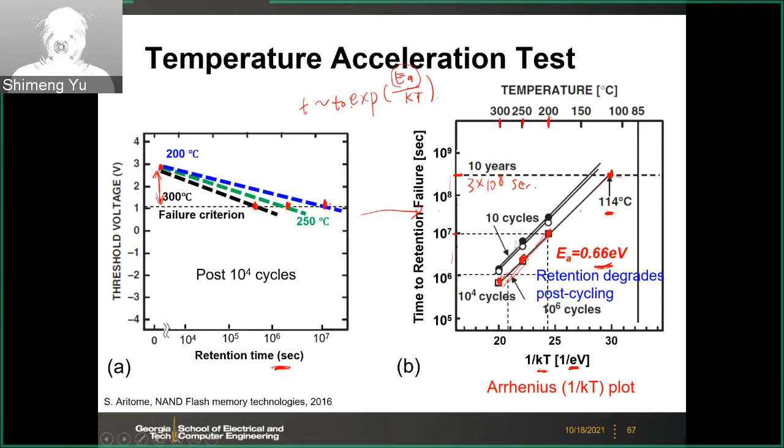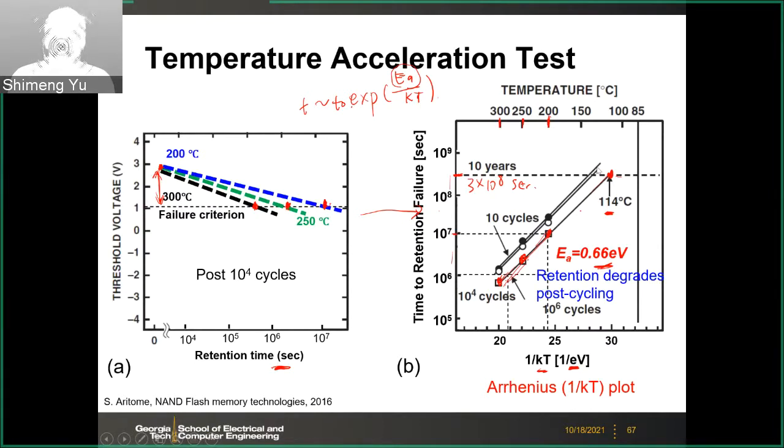Typically for the fresh sample, for example, you only cycle it about 10 times, then you may have higher data retention. If you cycle the device more than 10 to the power 4 cycles, and after that do the post-cycling retention, there will be a degradation. So you see that the retention time will be lower than the fresh sample.